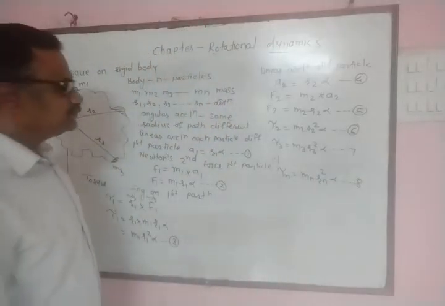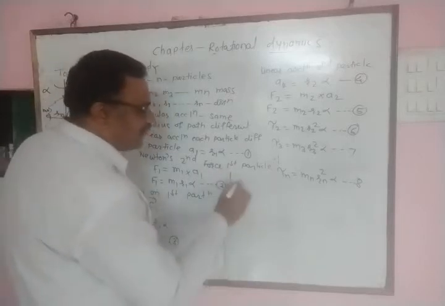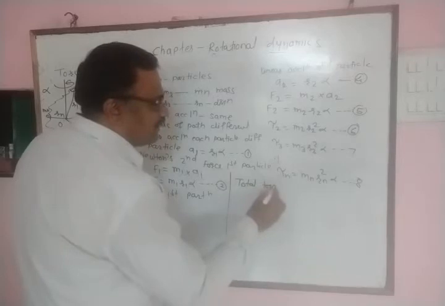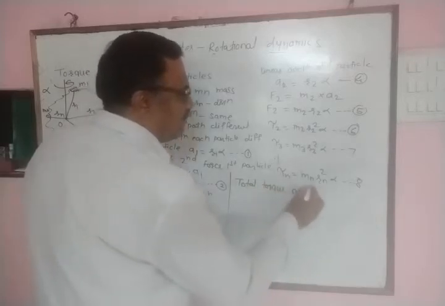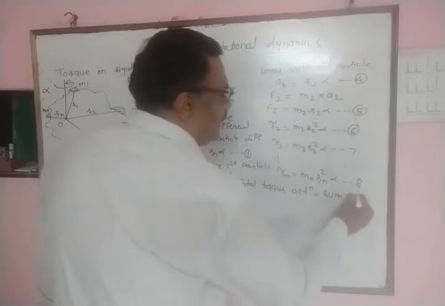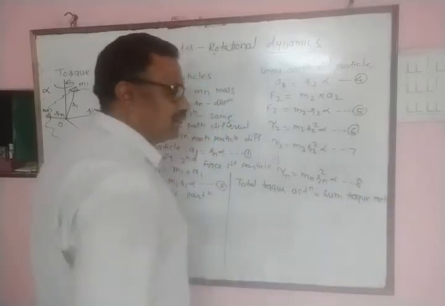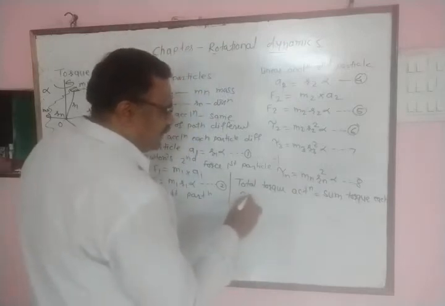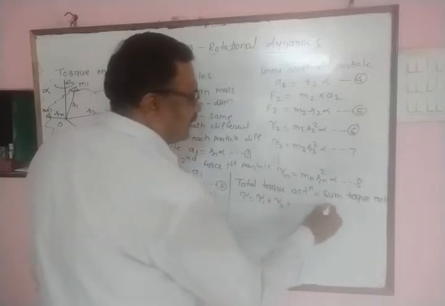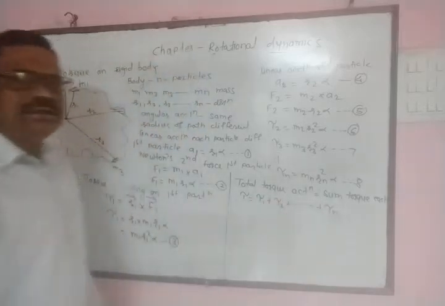Lastly, total torque acting on a body. Total torque acting on a body is equal to sum of torque acting on each particle. Therefore, total torque acting on the body is equal to torque acting on first particle plus torque acting on second particle up to torque acting on nth particle.